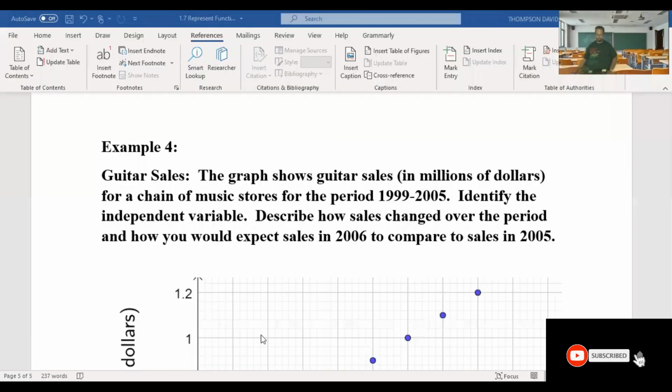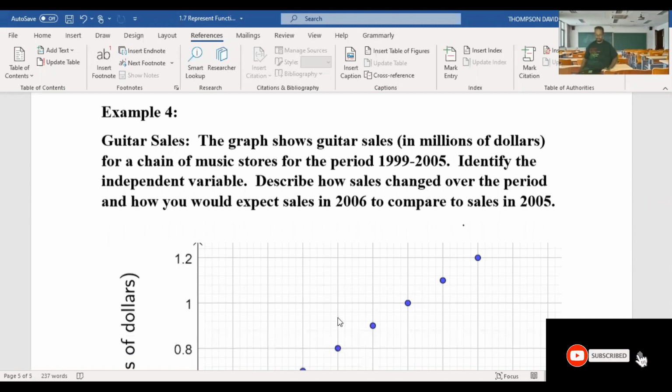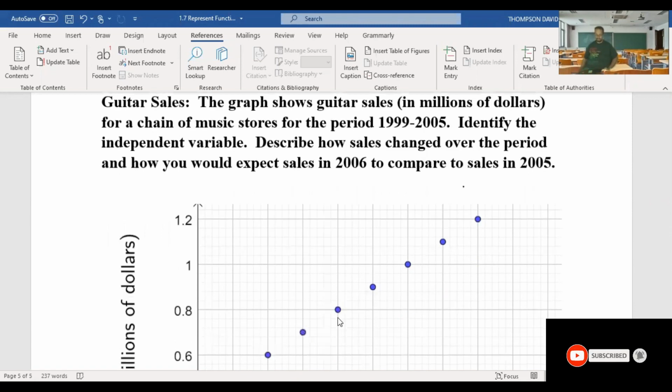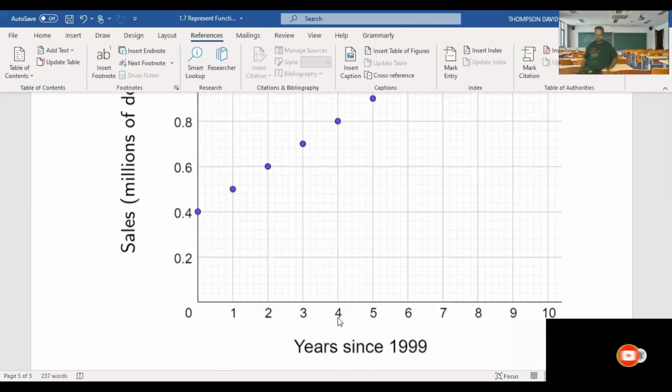Example 4, guitar sales. The graph shows guitar sales in millions of dollars for a chain of music stores for the period 1999 to 2005. Identify the independent variable. Describe how sales changed over the period and how you would expect sales in 2006 to compare to 2005.